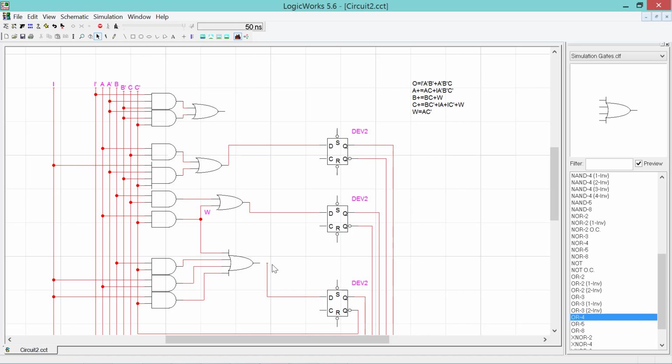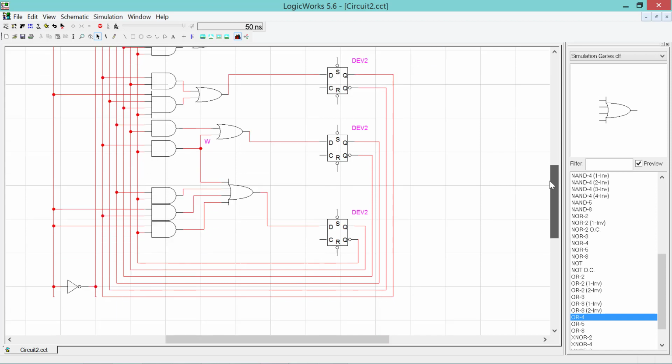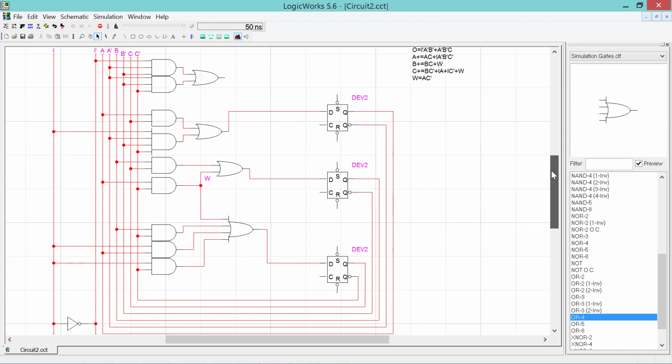We can do a final connection here. So now we have all our combinational logic circuits connected to the flip-flops, and our feedback path is complete. The input logic gate inversions are developed as needed.